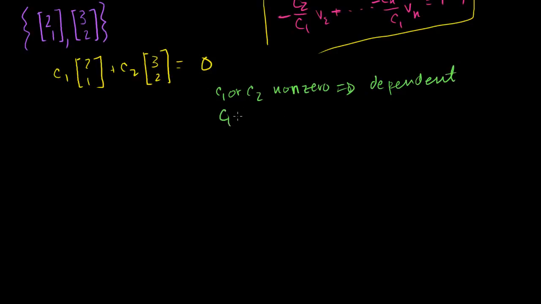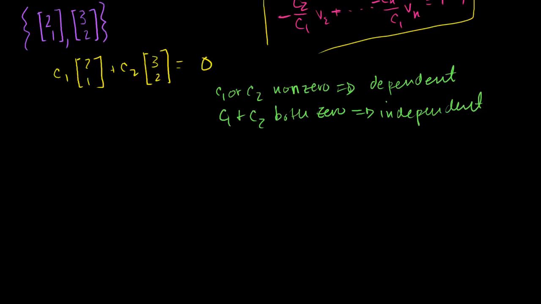Now, if c1 and c2 are both 0, if the only way to satisfy this equation, I mean, you can always satisfy it by setting everything equal to 0, but if the only way to satisfy it is by making both of these 0, then we're dealing with a linearly independent set.